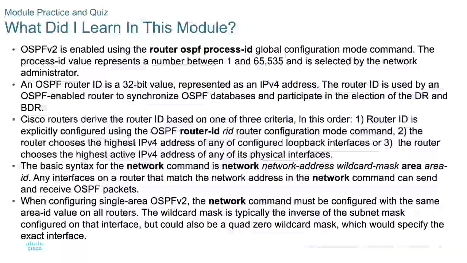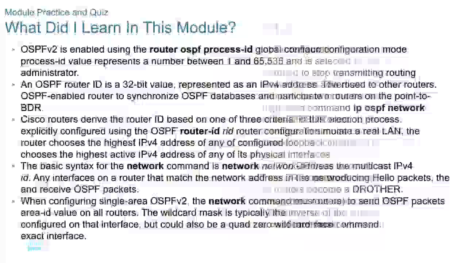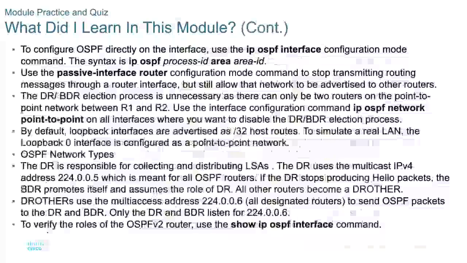We looked at the fact that we can join networks to the routing process two ways. We can use the network command under the routing process using the network statement, wildcard mask, and area ID, or we can go to the actual interface itself and join the interface to the process using the IP OSPF interface command.